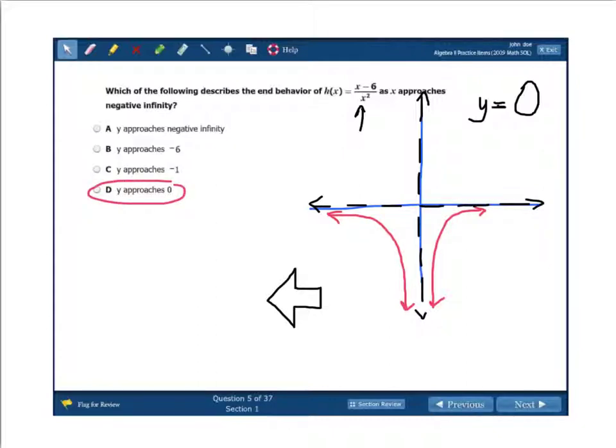Now let's think about it also conceptually, a little bit algebraically, mostly conceptually. Now this isn't really mathematically accurate, so don't quote me on this. But as we get closer to negative infinity for x, the top is going really, really closer to negative infinity. And the bottom is going closer to a much greater value than that, because the bigger your number, the bigger the square. So this is going to approach 0 because you have a so much bigger number on the bottom than the top.